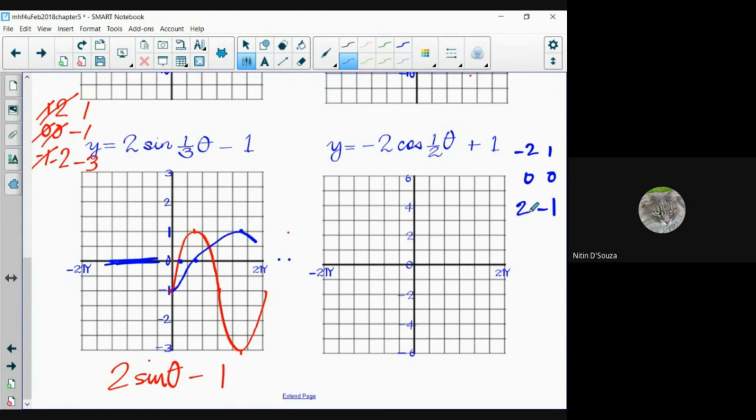So what does the +1 business do? -1 becomes -2 plus 1 is -1. 0 plus 1 is 1. 2 plus 1 is 3. So it's going from -1 to 3. So I'll just try to help you by putting some lines there. Here's -1.